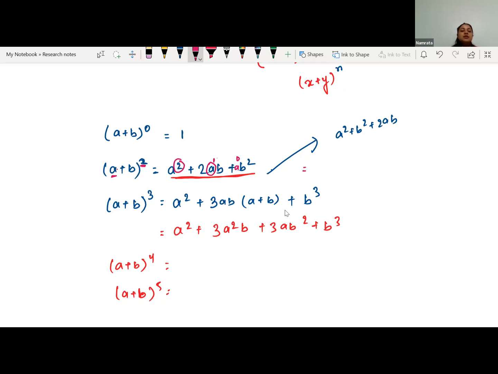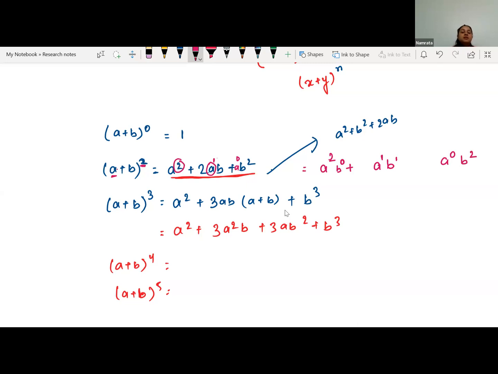So basically, in this expansion of a plus b whole square, first we have taken the total power of the first term, then we reduce the power: first it was 2, then 1, and then power 0. And for the second term b, first there was no b, so the power was 0, then the power became 1 and then 2.